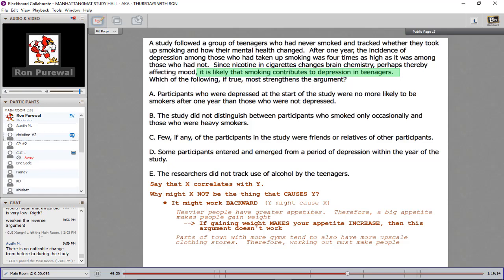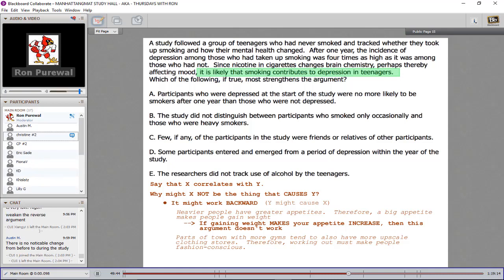But what's actually happening there? Because it is true that parts of town where there's a lot of gyms also have a lot of clothing stores. That's totally true. What's going on there? How do you explain that? Well, if they correlate strongly enough, they're not totally independent, right?